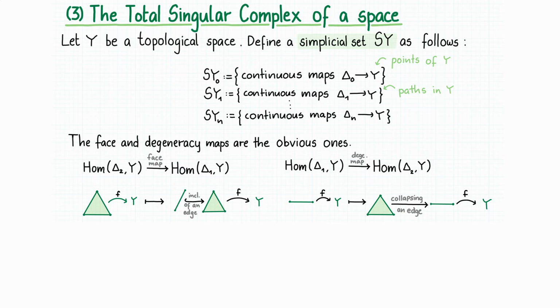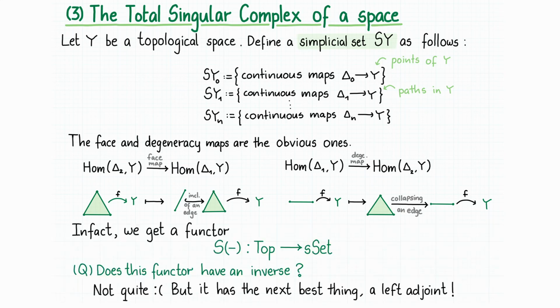Moreover, you also get a functor from the category of topological spaces to the category of simplicial sets. To get a functor, you have to map any continuous map from X to Y to a simplicial map from SX to SY. And again, it's similar to this: you just have to compose it with the map.